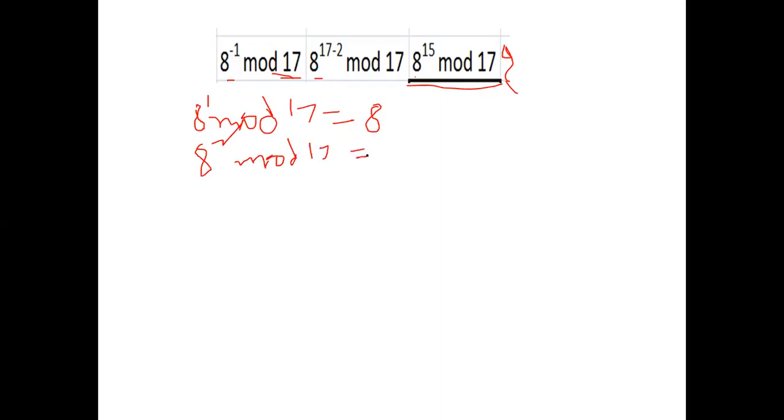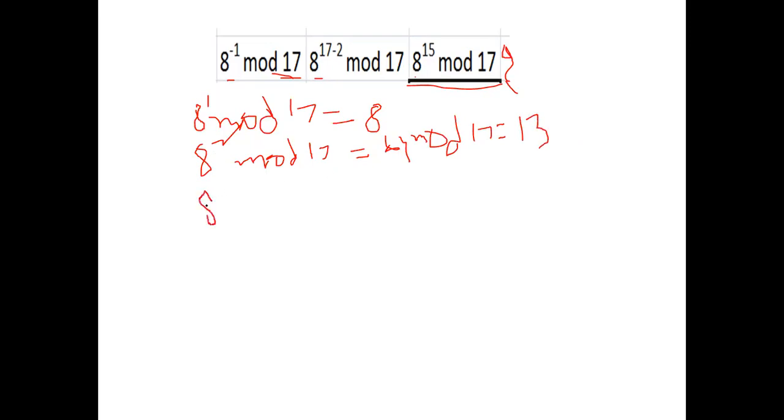So this is equal to 64 mod 17. 17 threes are 51. 64 minus 51 is equal to 13. So this is the 8 square mod 17 value.